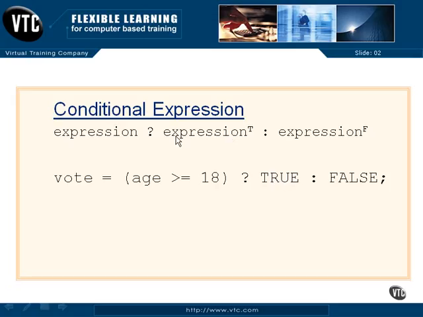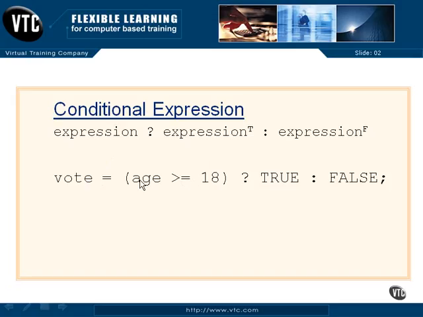This will be assigned into here. So this value, true, however it's defined earlier in our program, will be put into the variable vote as its value.